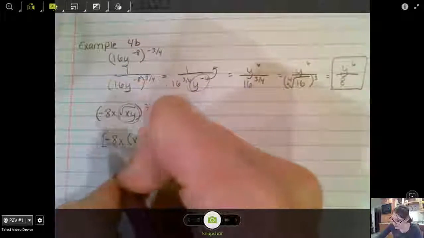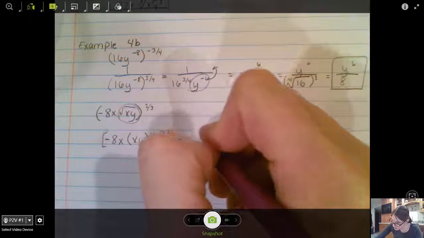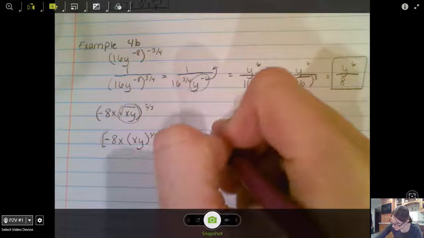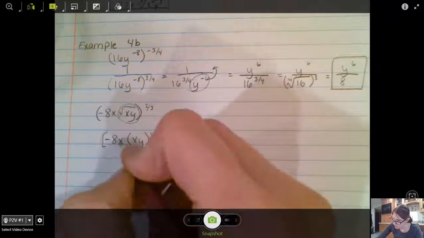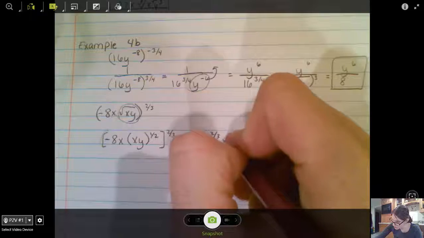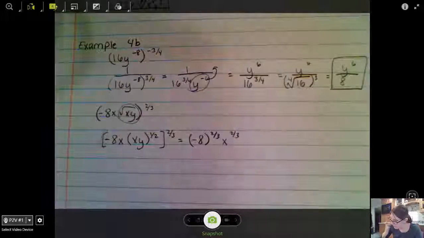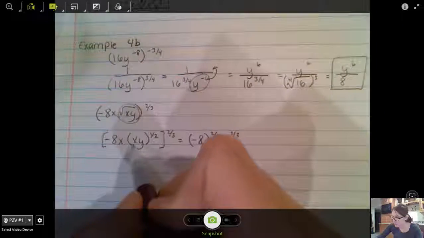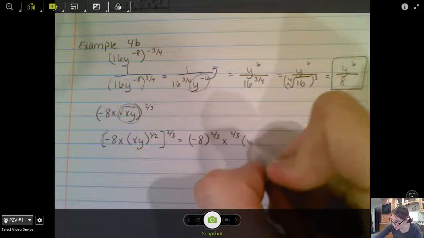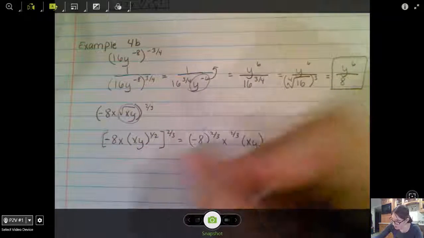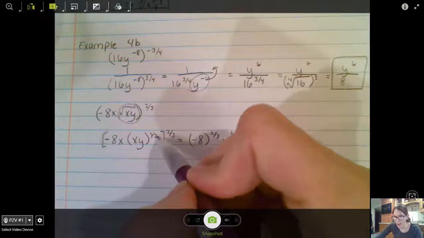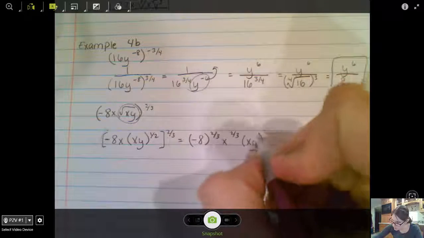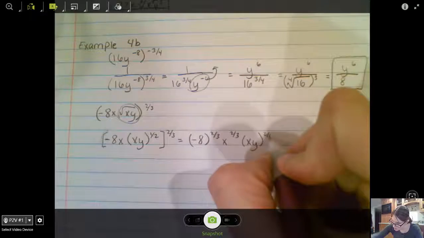So we need to take this negative 8 to the 2/3, this x to the 2/3, and then we'd have xy to the 1/2 times 2/3 would be the 2/6 power.